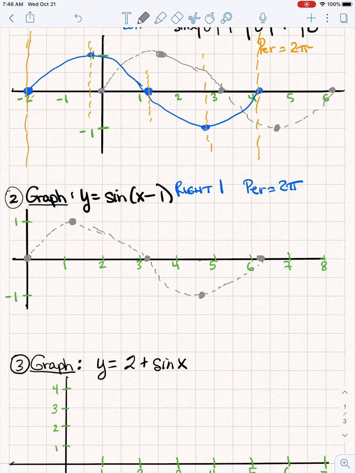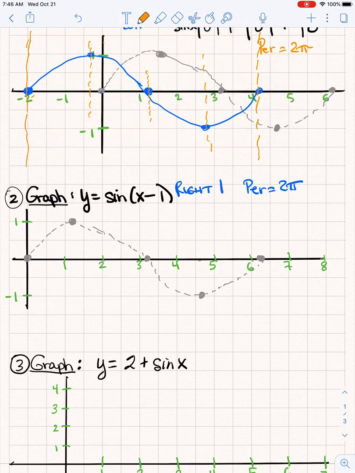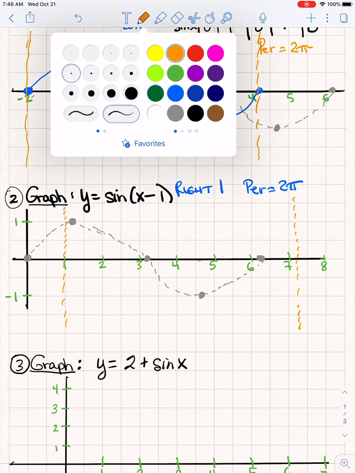All right, so then we want to move to the right 1 unit. I'm going to actually mark the period on this one. So we want to go from 1 to 7.28. So every point is moving over. Let's switch up our colors here.